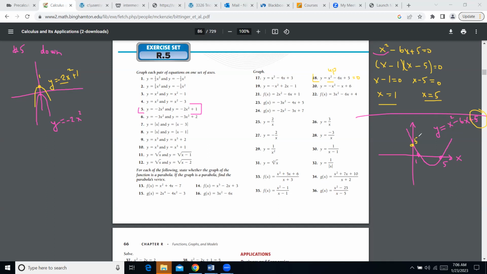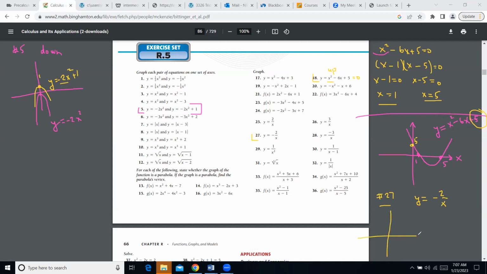So what else is here? How about we look at another graph, like problem number 27, that says to graph the equation y is equal to minus 2 divided by x.